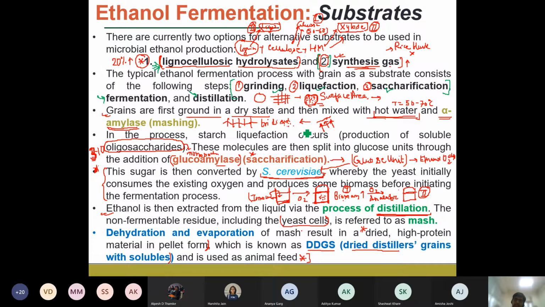The first step is the conversion of that substrate into fermentable sugars. We need to grind, liquefy, or carry out the saccharification using the enzyme glucoamylase.